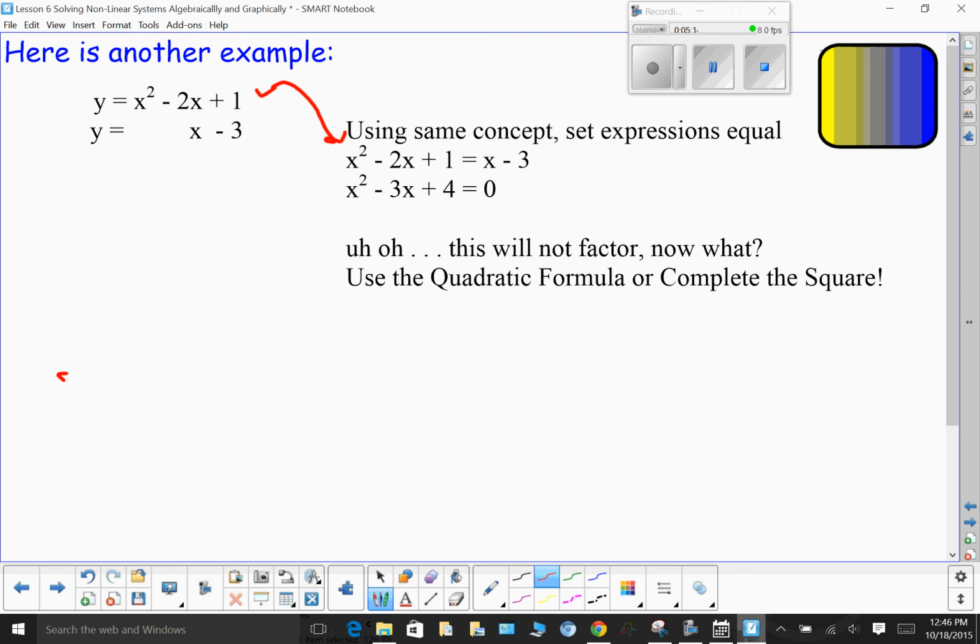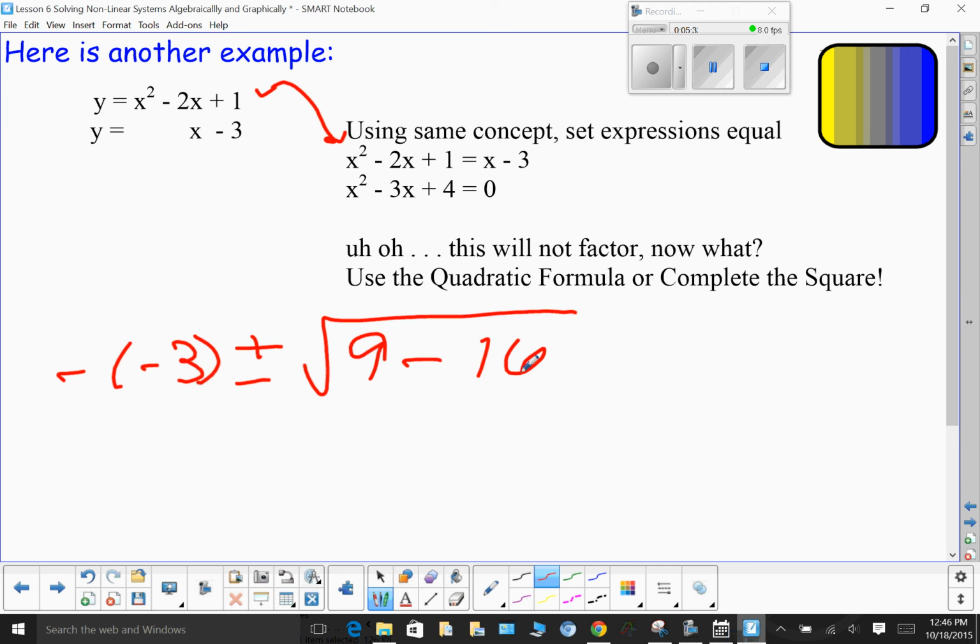So it's equal to negative b, so this is going to be negative 3, plus or minus the square root of b squared, negative 3 quantity squared is 9, minus 4 times a, which is 1, times c, which is 4, which is going to be 16, all over 2 times a.